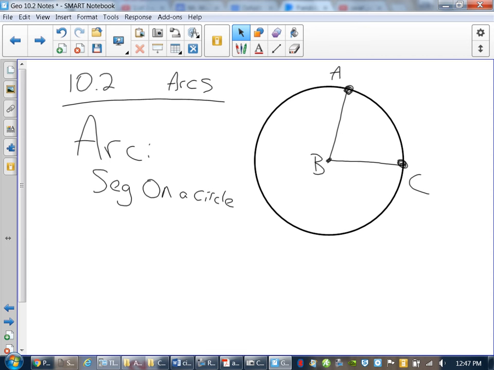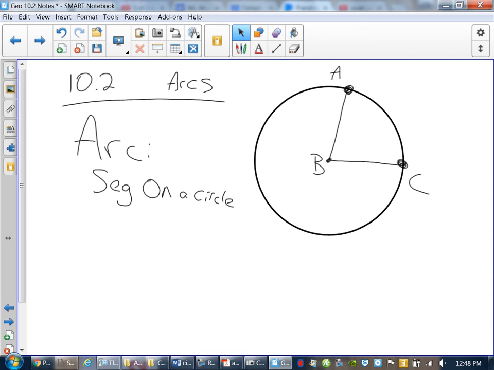Think of this as what we call a segment on a circle. But when you're on a circle, the segment itself is curved. Do you guys agree with that? Because you have to go around something, you're going around a circle. So you're on a curve. So a segment on a circle.